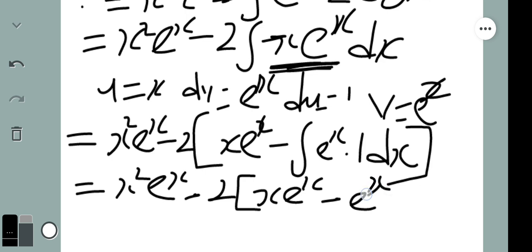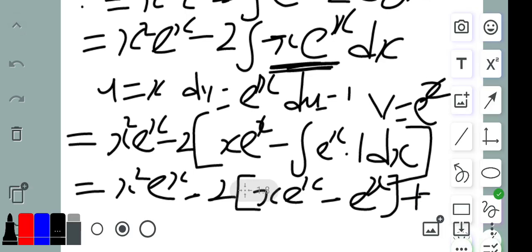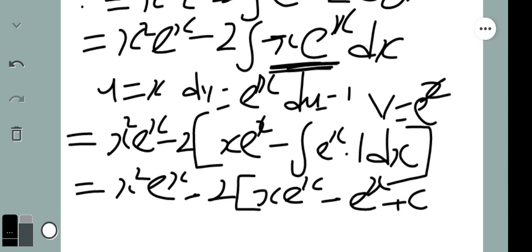I can put plus c inside the bracket or outside the bracket, whichever way I want. I can put it inside the bracket, plus c. So this is this here. If you look at it, we are almost done.